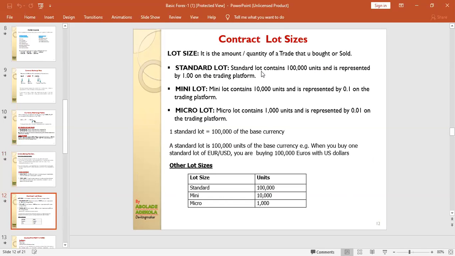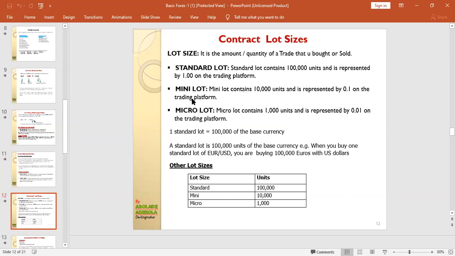So we also talked about contract lot size. Contract lot size is the portion at which you want to buy at a particular point in time. It is the amount and quantity of the trade that you bought or sold at a particular point in time. So we have standard lots, mini lots, and micro lots.